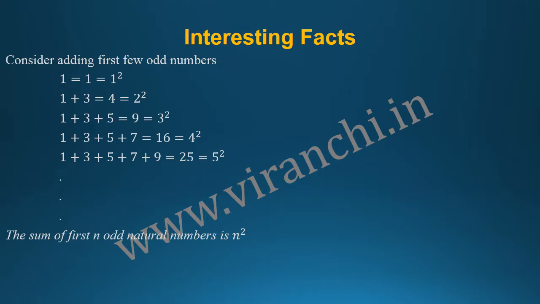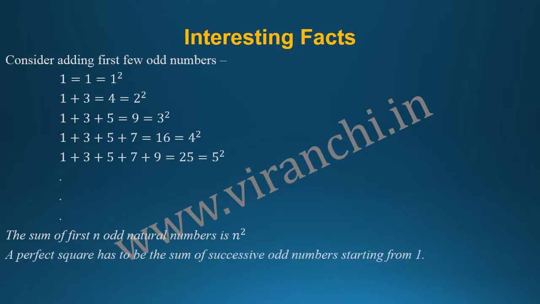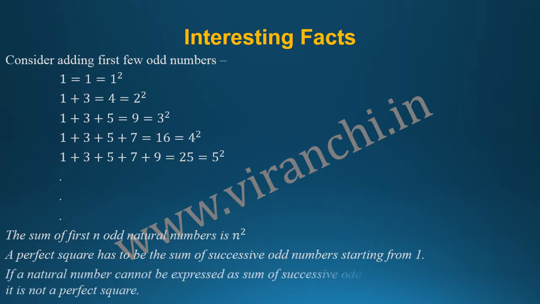Another way of saying the same thing: a perfect square has to be the sum of successive odd numbers starting from 1. Rephrasing this statement, if a natural number cannot be expressed as the sum of successive odd numbers starting from 1, then it is not a perfect square.